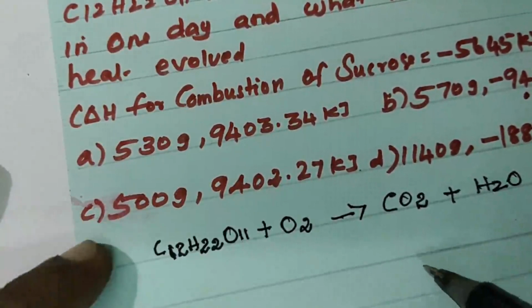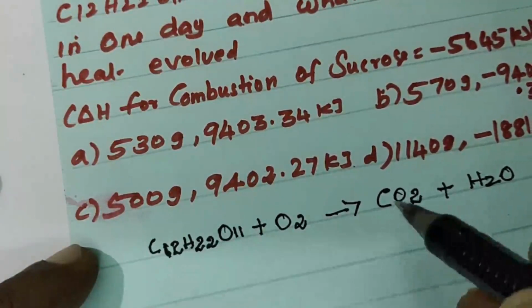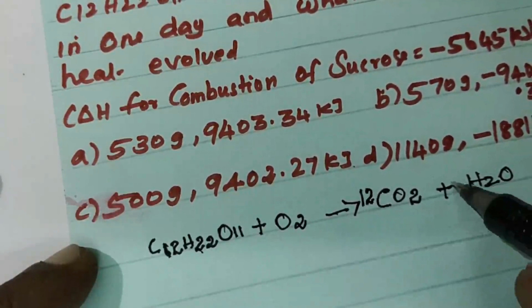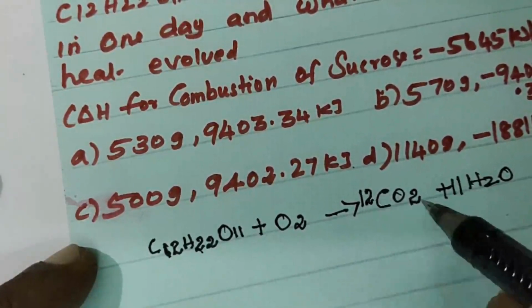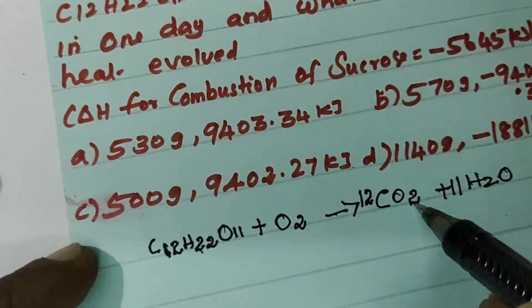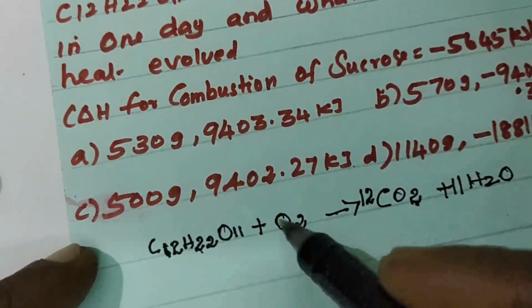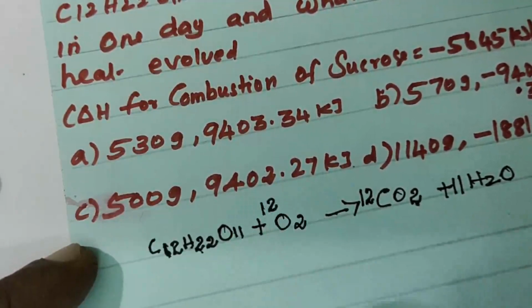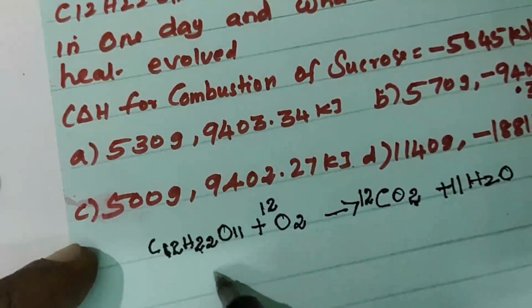First balance the equation. 12 carbons, 22 hydrogens, 11 oxygens, so 12 moles of oxygen are needed.